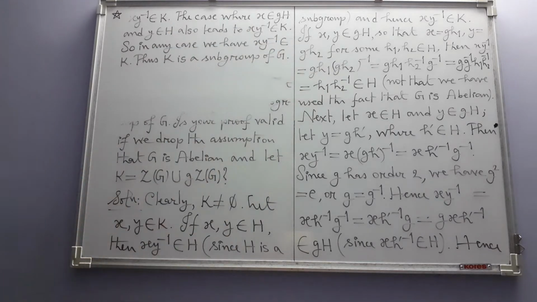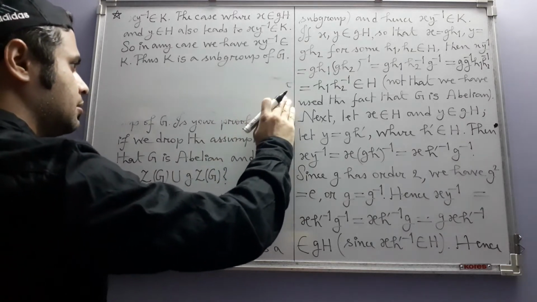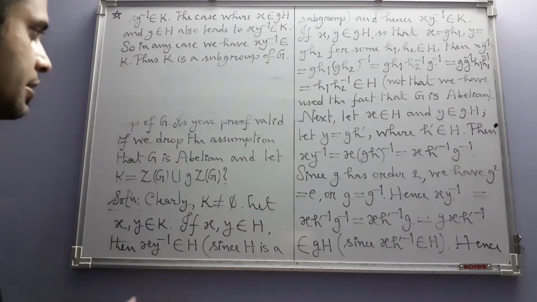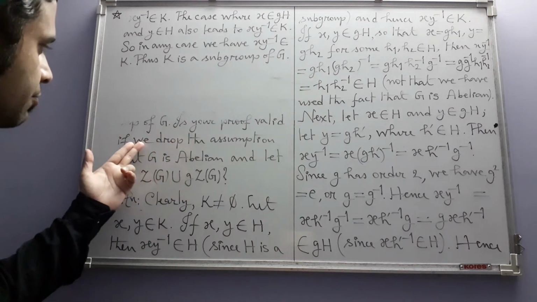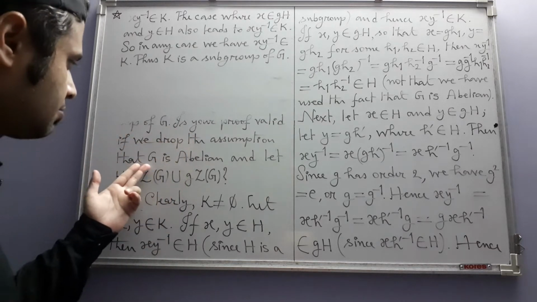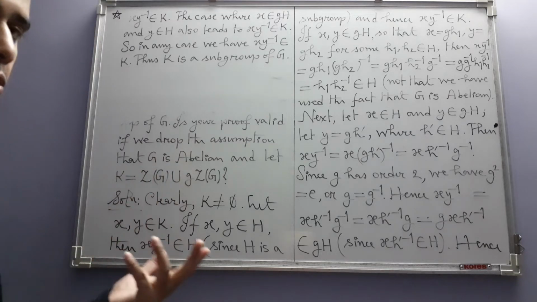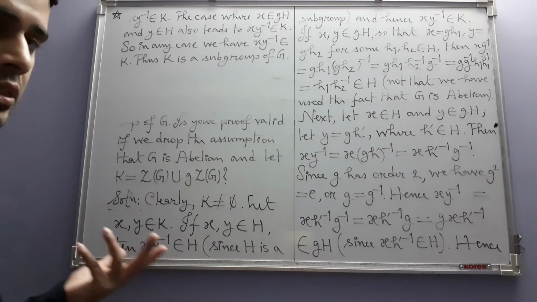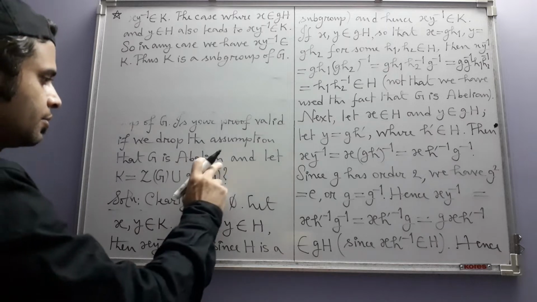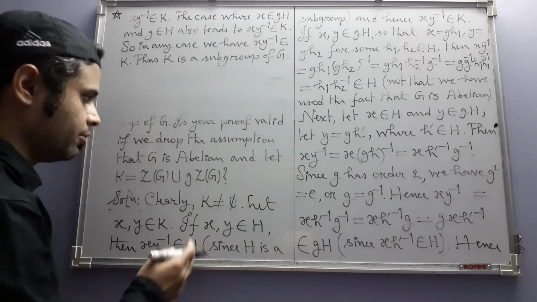Okay, so that is the first part of the exercise. This is the second part. Is your proof valid if we drop the assumption that G is abelian? G is no longer an abelian group, not necessarily an abelian group. It may or may not be abelian, we don't know.